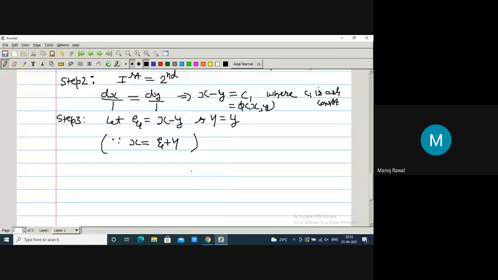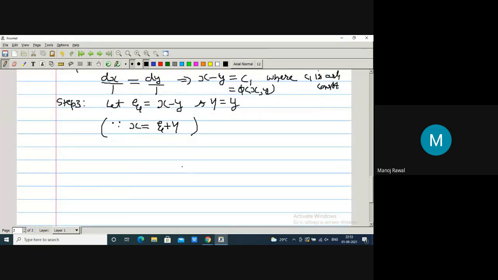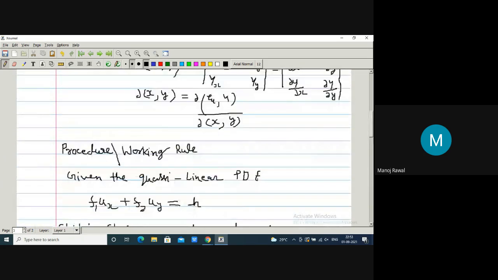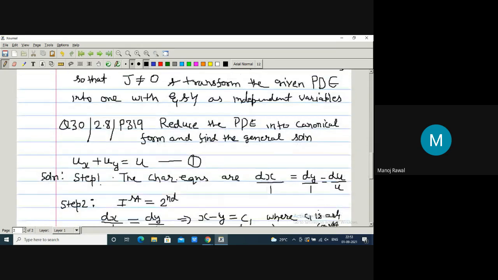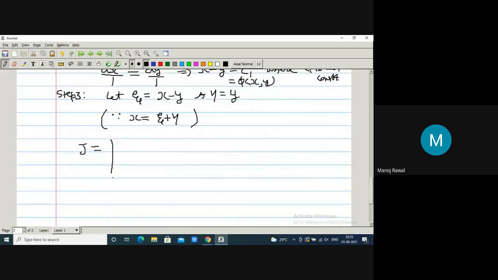Have I got an independent choice of xi and eta? That I will check now. For that I will check the Jacobian. What is the formula of the Jacobian? You have to remember this: del xi upon del x, del xi upon del y, del eta upon del x, and del eta upon del y. So what will be this 2 cross 2 matrix? Del xi upon del x will become 1, differentiating with respect to x.